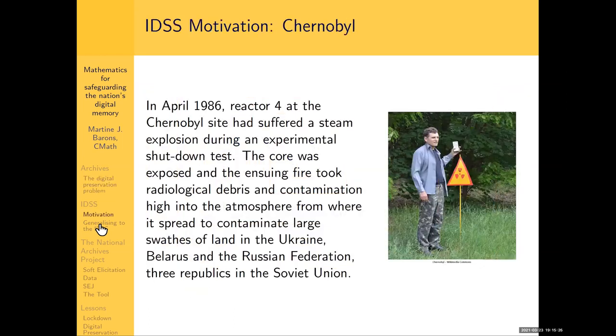So the motivation for an integrating decision support system was actually the Chernobyl accident. After that, there was a lot of interest in developing decision support systems that would support decision makers making very rapid and very important decisions in the case of nuclear disaster.